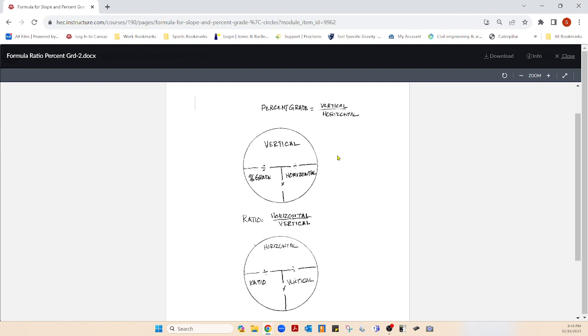They're going to give you all kinds of things, like a pipe has a percent grade of 2%. It has a horizontal distance of 200 feet. What will the fall be? The rise or the fall will always be the vertical. So keep this handy. And now we're going to get back into the rest of the video.